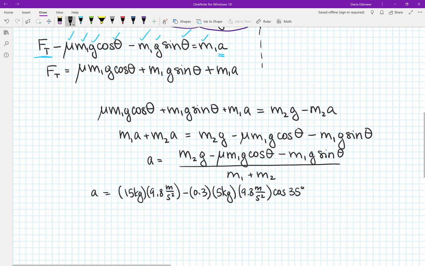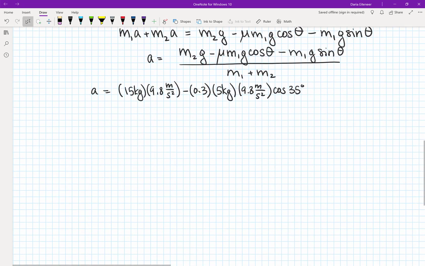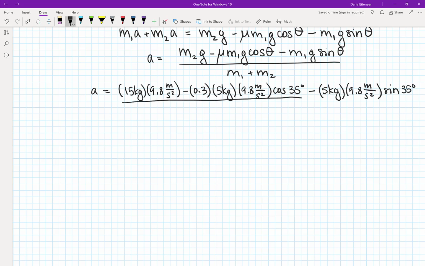Yep, 35 degrees. Minus, again, 5 kilograms, 9.8 meters per second squared, sine 35 degrees. And all over the total mass, which was 20 kilograms. Okay. So let's plug everything into the calculator here.